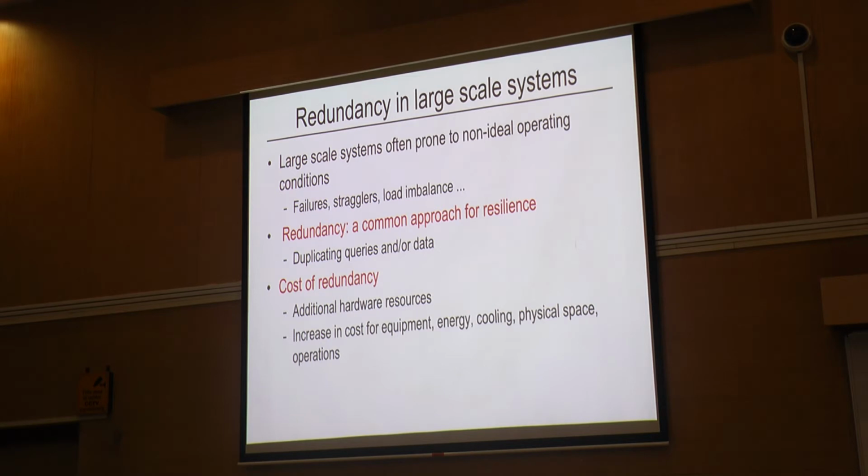So it requires additional hardware, which directly translates to dollar cost, right? And it also results in an increase in other associated costs. That is, you need more physical space, more energy, more cooling, more operations, and so on. And hence, it's critical to introduce this redundancy in a resource-efficient manner, right?